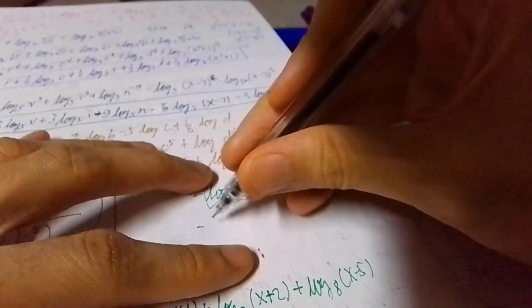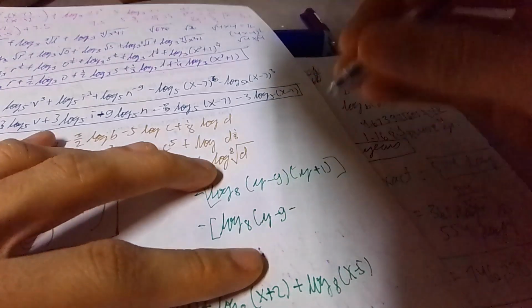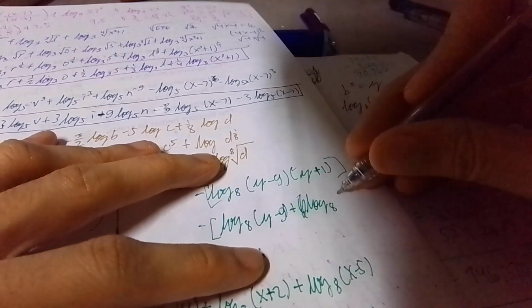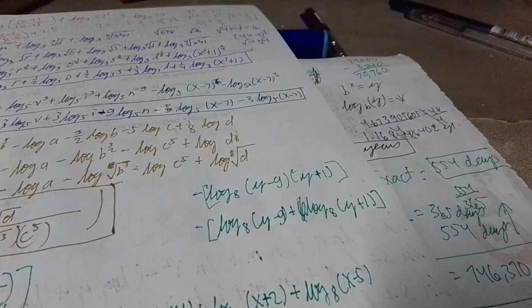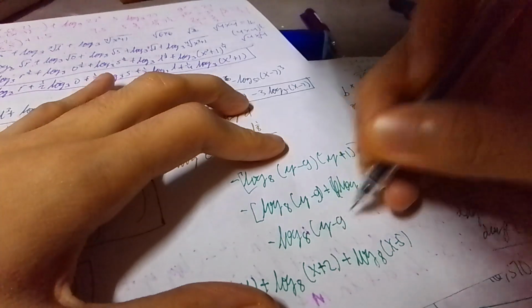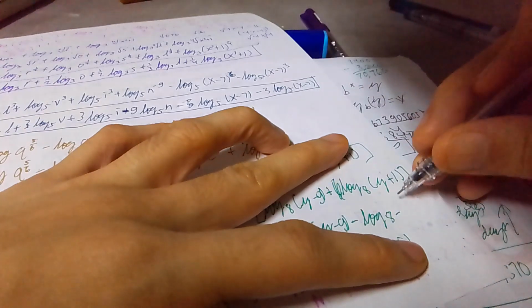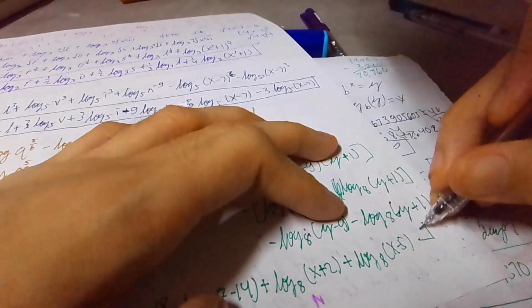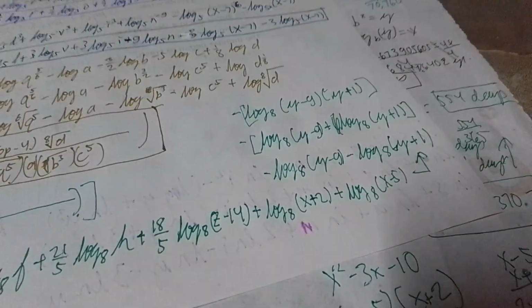When we expand this, we're supposed to get log base 8 of y minus 9 plus log base 8 of y plus 1. Now, all we have to do is distribute the negative. So we have minus log base 8 of y minus 9 minus log base 8 of y plus 1. So that should be the answer, and that's how we write it in expanded form.